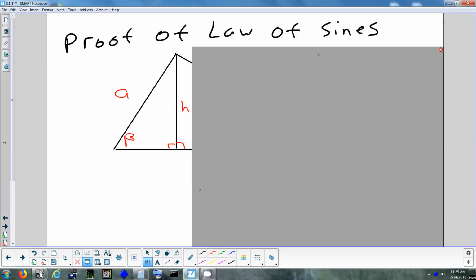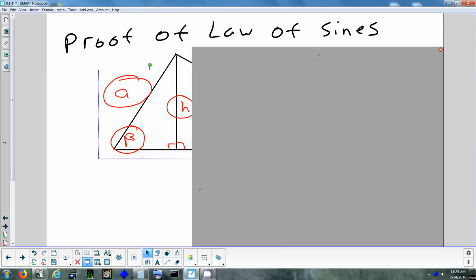Okay, and what I'm going to do is come up with a formula involving these three things: A, beta, and H. Remember, H stands for height. It's not hypotenuse. So try to keep that straight. What is the name of the side that we've labeled H from the perspective of beta?